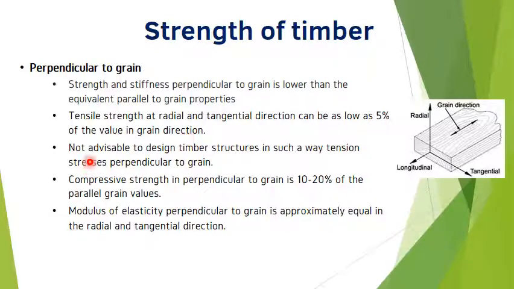Therefore, it's not advisable to design timber structures in such a way that tension stress occurs perpendicular to grain. Compressive strength perpendicular to grain is 10 to 20% of the parallel grain value. Modulus of elasticity perpendicular to grain is approximately equal in the radial and tangential directions.